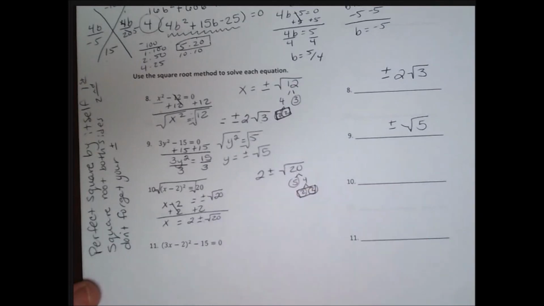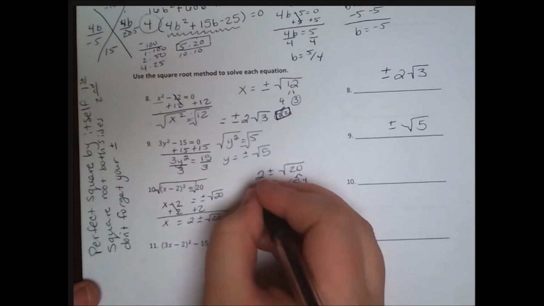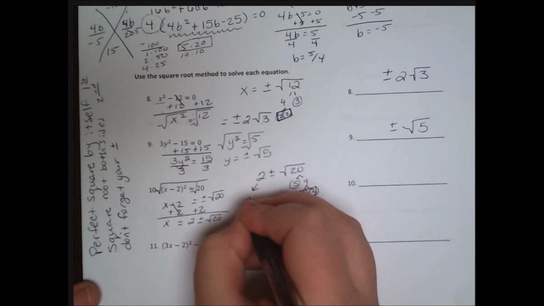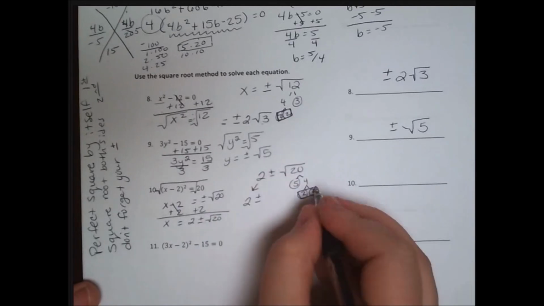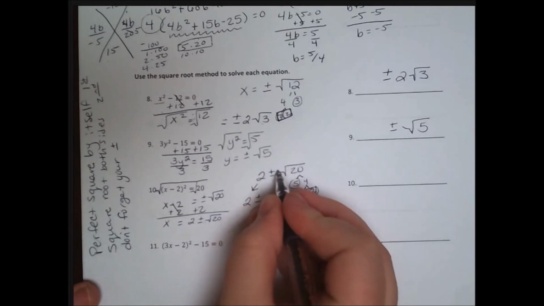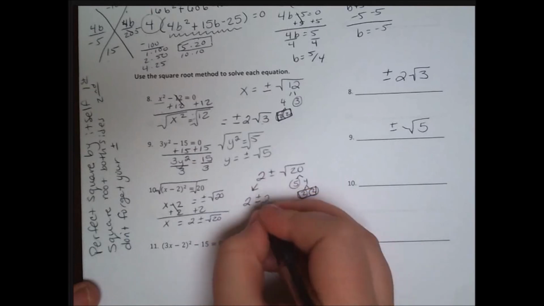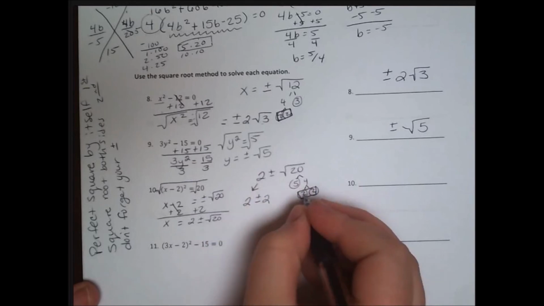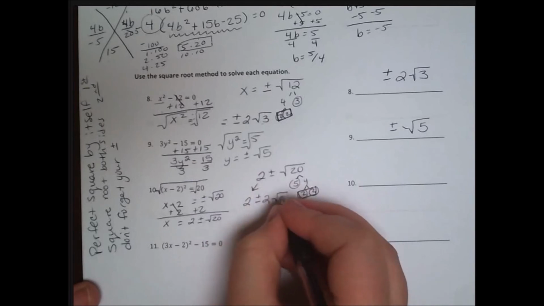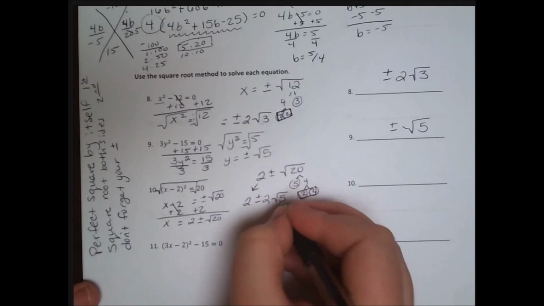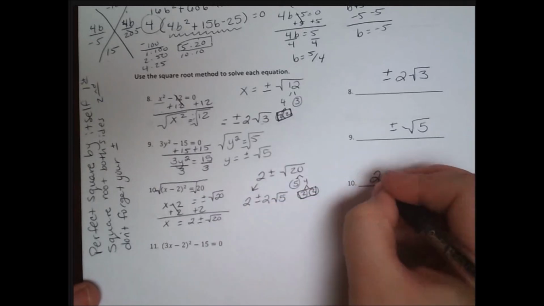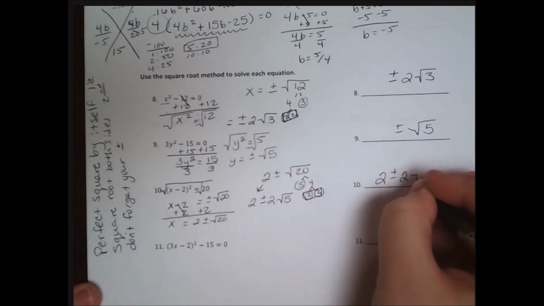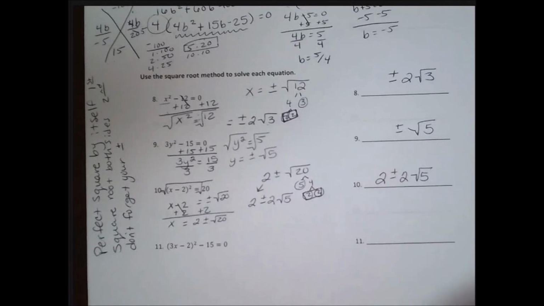So we can pull out a pair of 2's. So this 2 drops down here. These 2's will come out to be right in front of your radical. And remember, they come out as just 1. And then that 5 stays under your radical. So your answer here is 2 plus or minus 2 times the square root of 5.